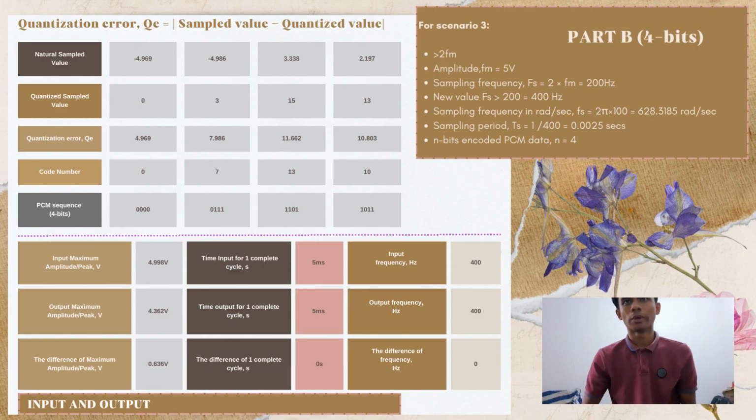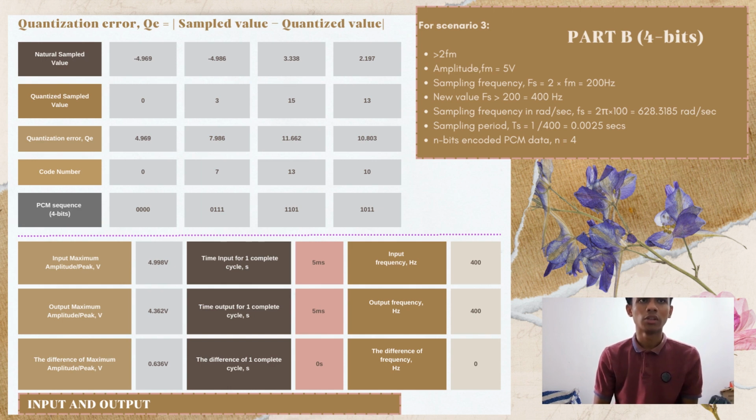For scenario 3 part B for 4 bits, the equation is to get the new value which is more than 2 FM. So our team member chose 400 Hz. This is our result for the quantization error, which we get 4 quantization errors: first 4.969, second 7.986, third 11.662, and lastly 10.803.